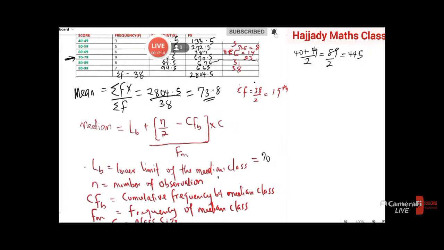So here we can say that our class size is 10. And the cumulative frequency before the median class. Since this is our median class, the cumulative frequency before it is 14.